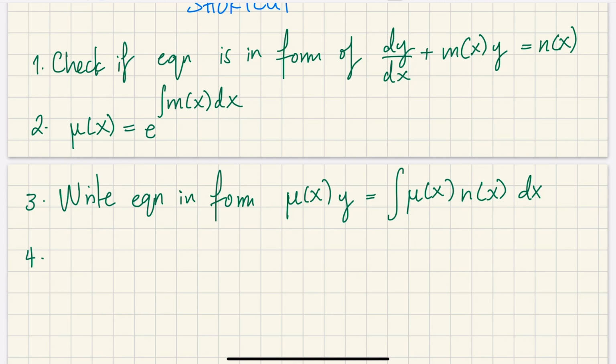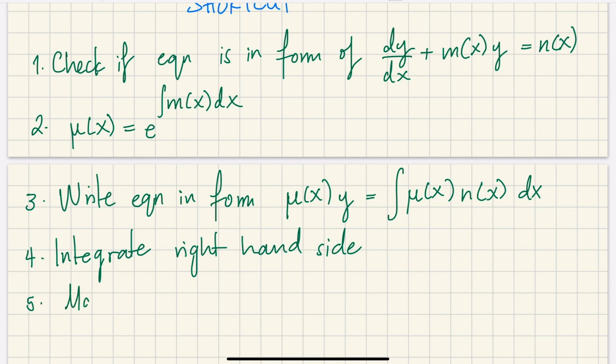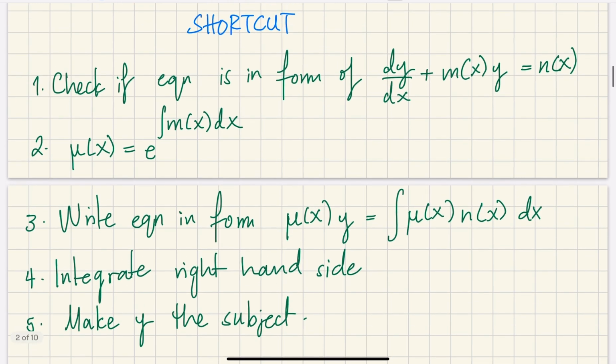Step 4, you integrate the right-hand side, and step 5, you make y the subject of the equation. There you have it. You can take a screenshot of this if you like, or write it down.